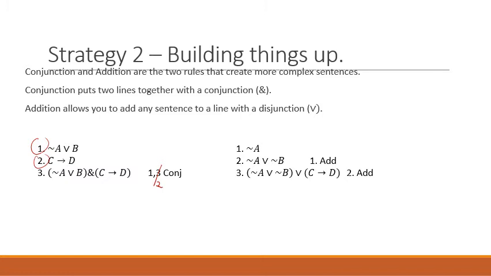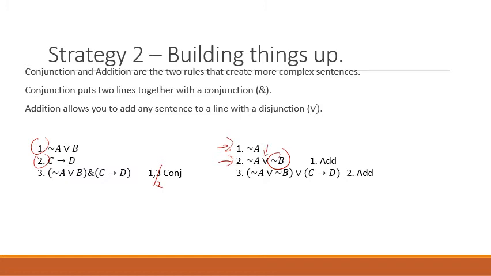Here's an example of a couple uses of the addition strategy. So, bear in mind that you can add whatever you want as long as you use an or. So what's going on here is we start with line 1, which is just not A. And then to that, we're going to add not B. Again, we can add whatever we want as long as we use the or symbol.